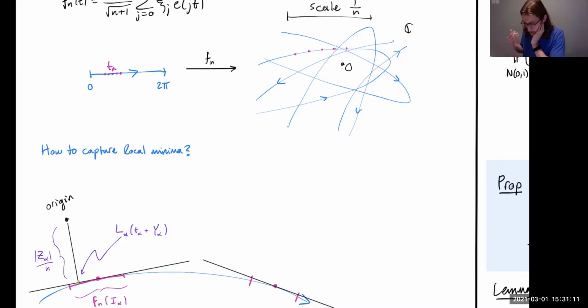We want a criterion to select that one that's based just on the position, the value of the polynomial at T alpha, but also its derivative. And so we write L alpha for the linearization of Fn around T alpha.